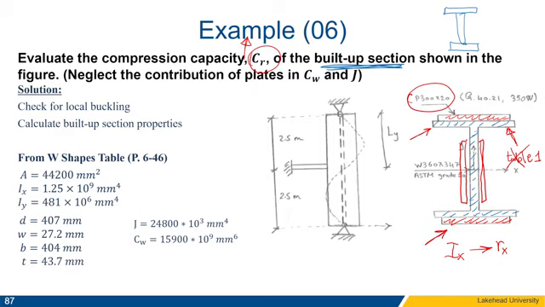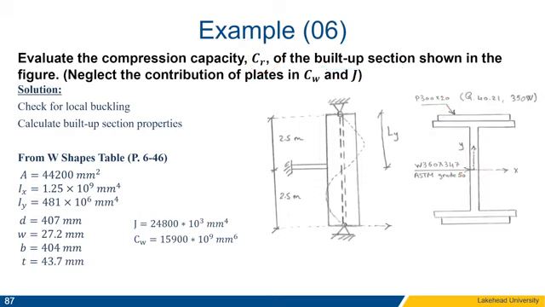If the plate satisfies table 1, we don't need to check the element of the section that is connected to the plate. So in our example, if the plate is connected to the flange, we only need to check the local buckling for that plate, not the flange, but we still need to check the local buckling for the web. Okay?